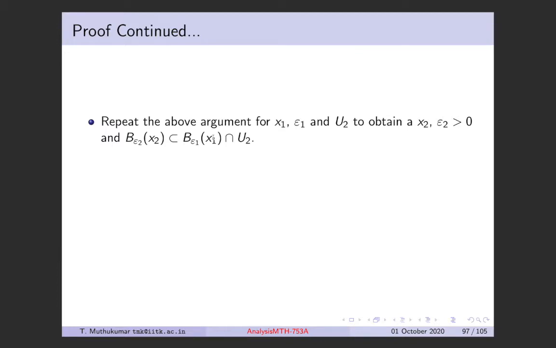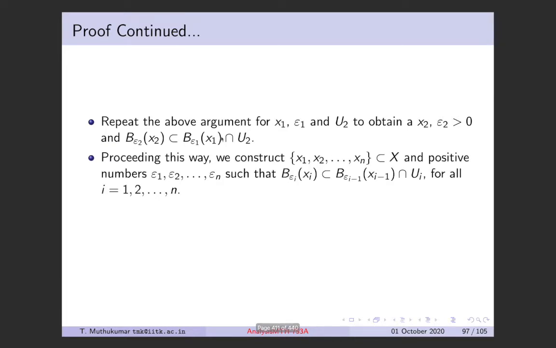So by continuing this argument, you will construct n points in capital X and positive numbers epsilon 1 to epsilon n, such that the epsilon i radius ball centered at xi is contained in the ball of radius epsilon i minus 1 at xi minus 1 intersection Ui, right? And this happens for all i.